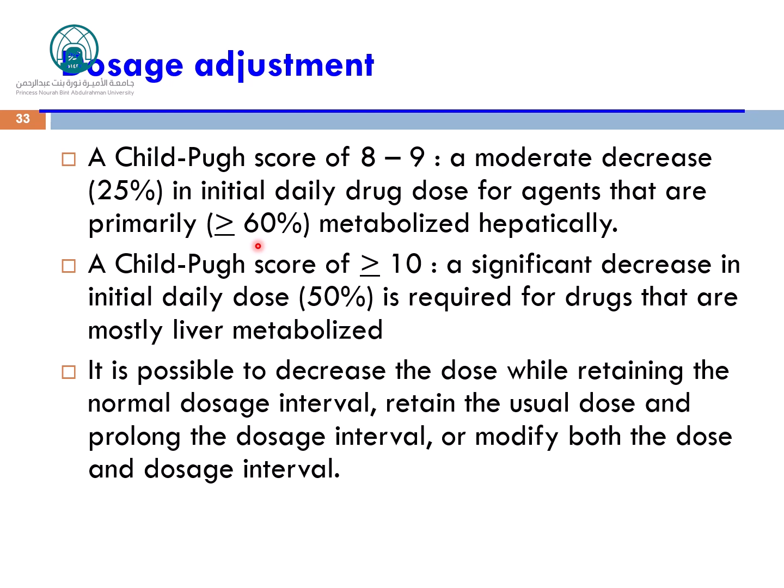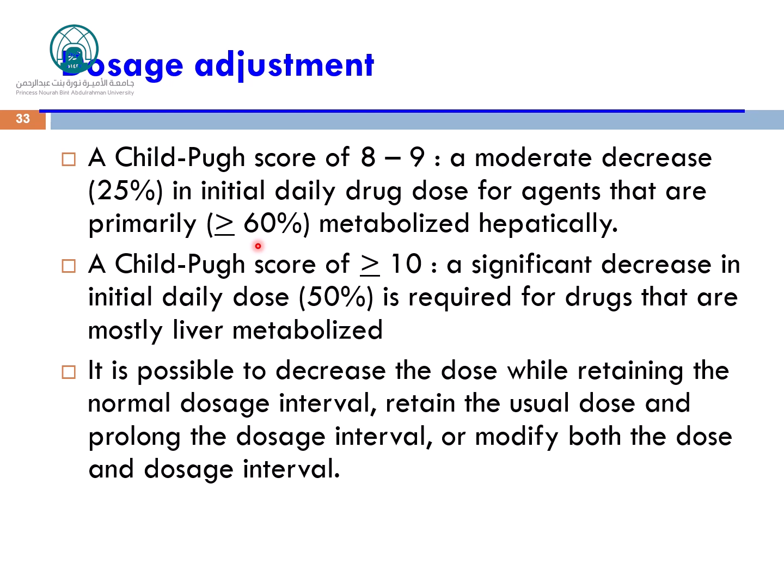If the Child-Pugh score is between 8 to 9, so it is above the normal 5 and less than the 15, which is totally damaged, and the drug is more than 60% metabolized by the liver, okay? If it is less than 60%, the condition does not apply.